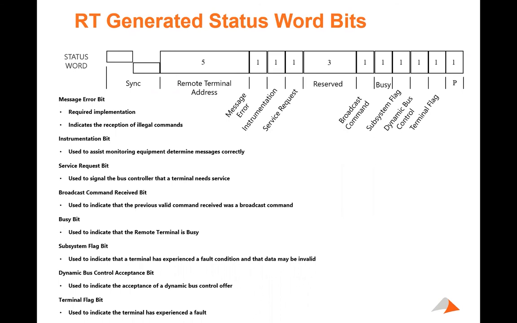Any RT can listen to that message, and none of them ever respond, but they put in their status word that they received it, and that's what that bit would be right here. Then the next time a message comes through, it would be erased. It's a good way of keeping track of, hey, I'm allowed to see a broadcast message, and I received that broadcast message, and this is where I'm going to store it until you talk to me again.